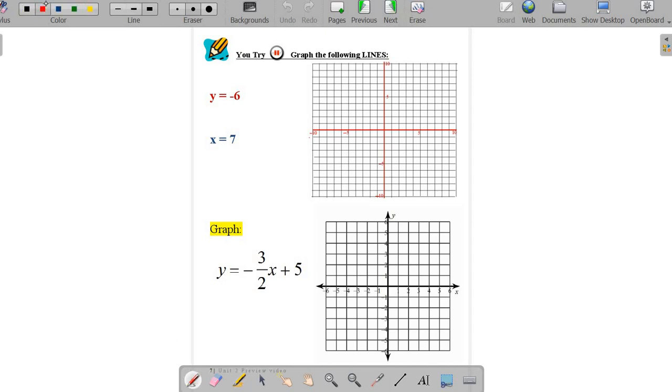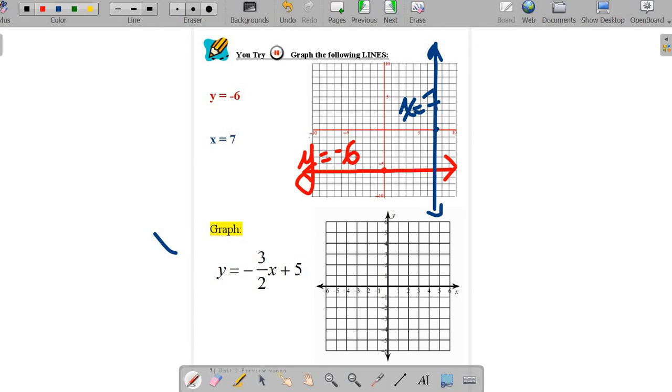Welcome back. Let's see how you did. Y equals -6 should be right here. X equals 7. Y equals -6. X equals 7.